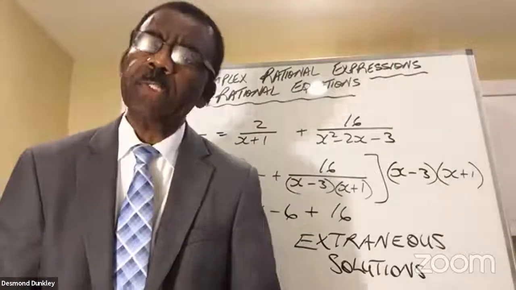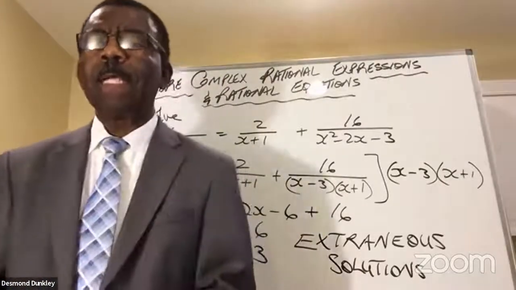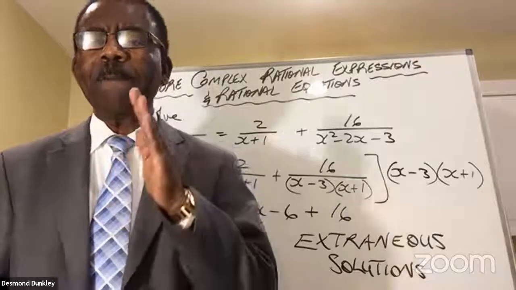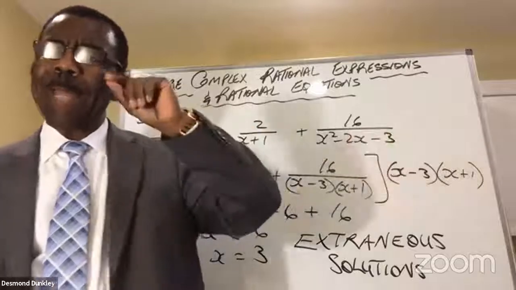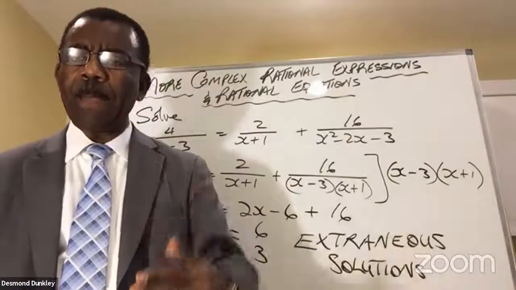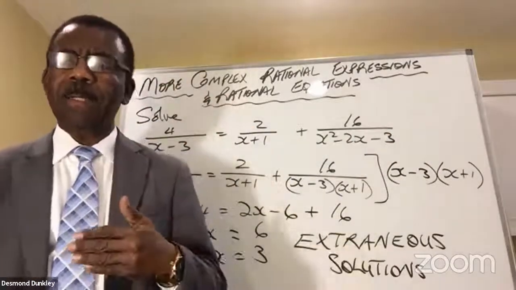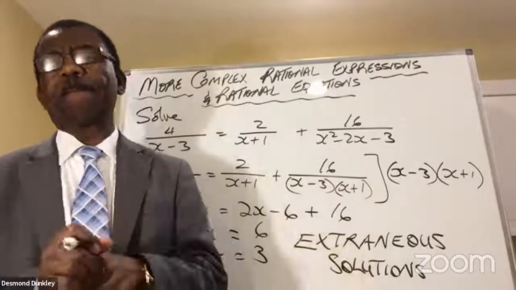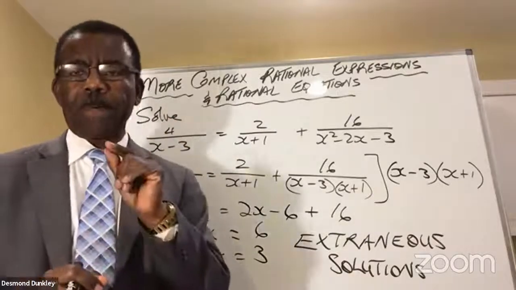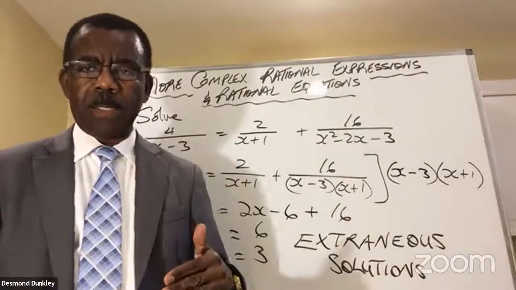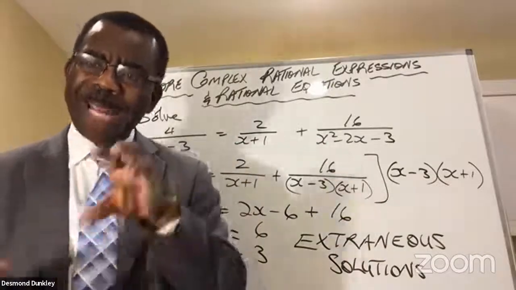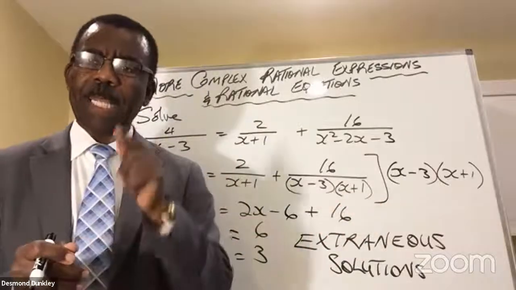What are extraneous solutions? These are numbers that actually fit the problem mathematically or algebraically, but they are invalid. I want you to listen to me carefully. Mathematically, they work, but when you try to apply them to real life, they do not work.